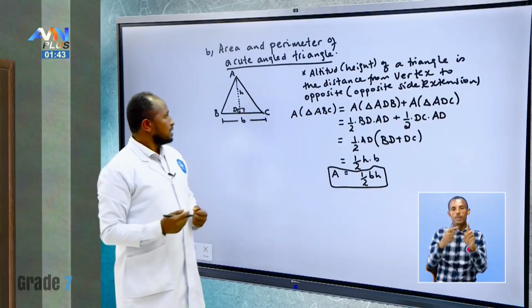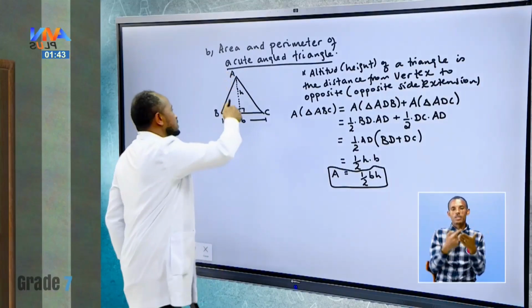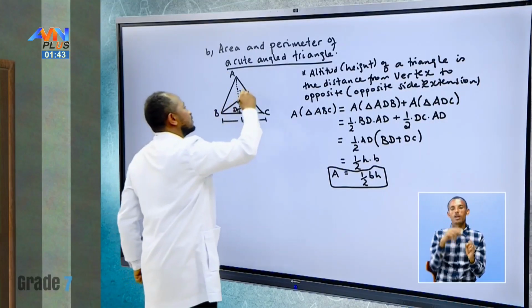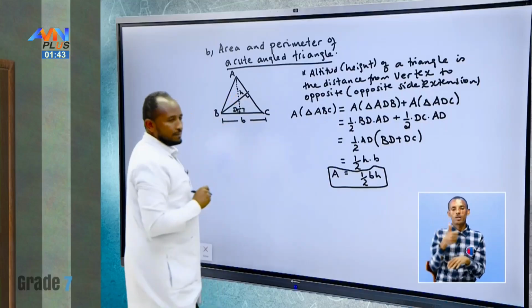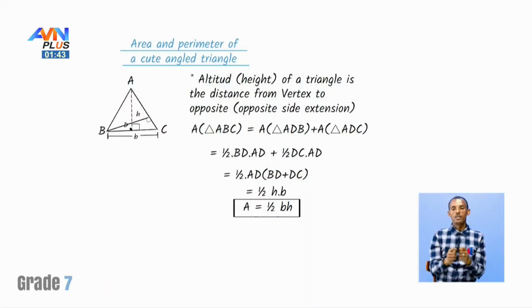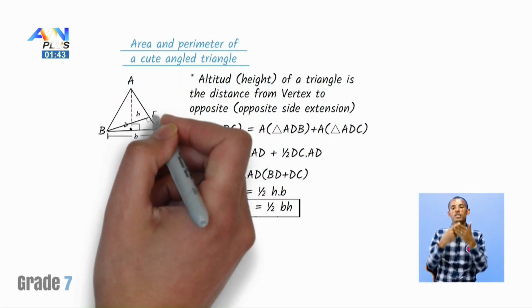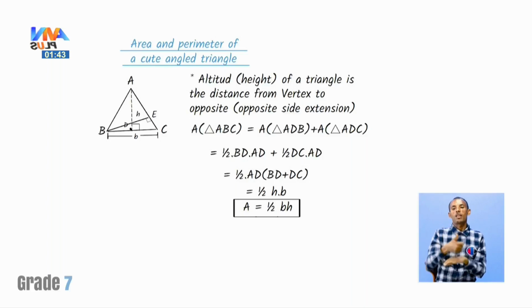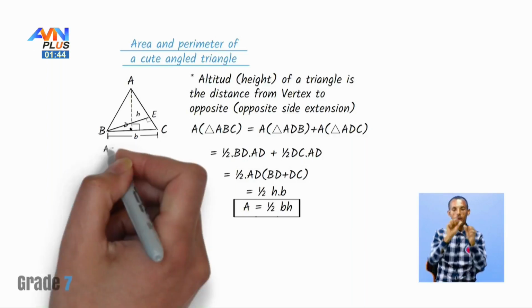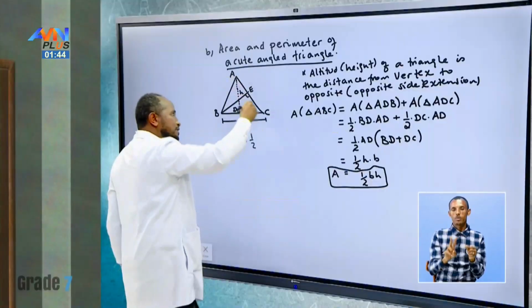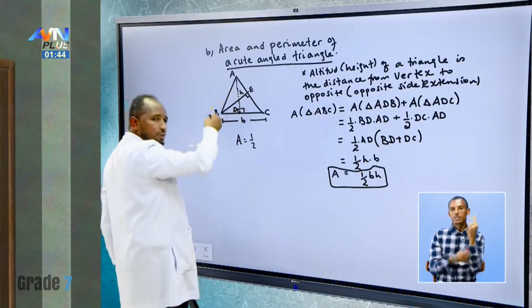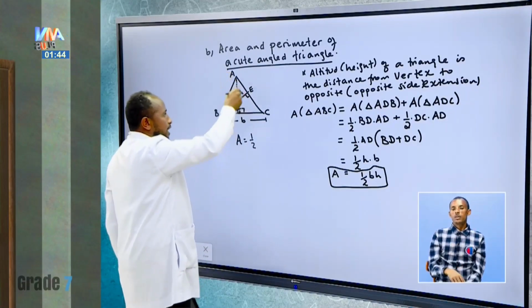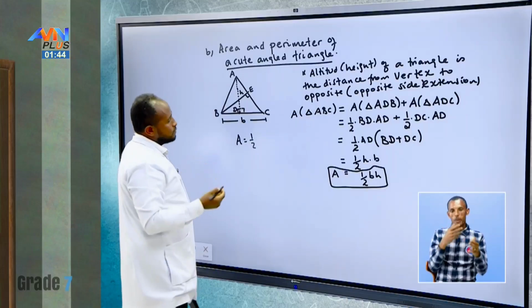By the way, not only this one, you can use the other altitude to calculate the area of this triangle. Assume this one is BE. You can calculate the area as half times the base, in this case this one, and the altitude, this one. So take the product of the two and divide it by 2.